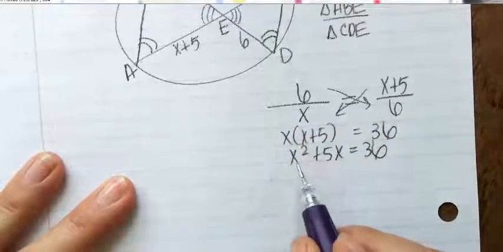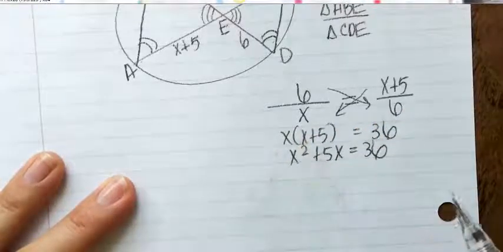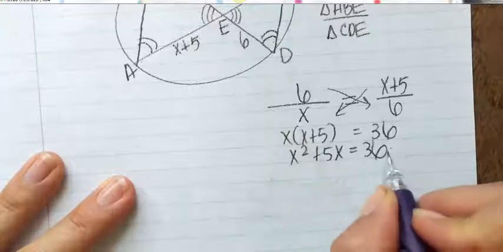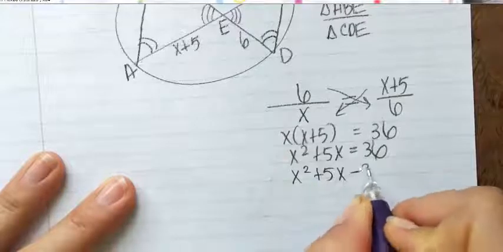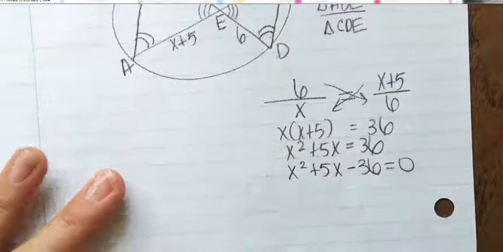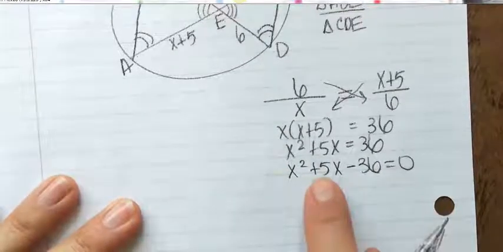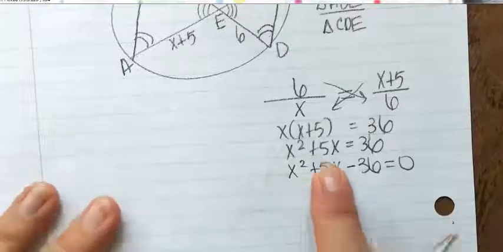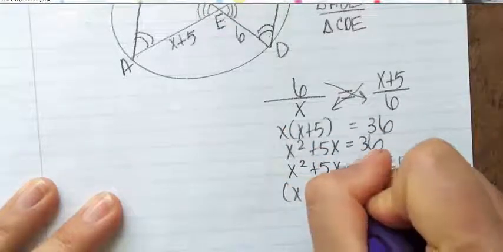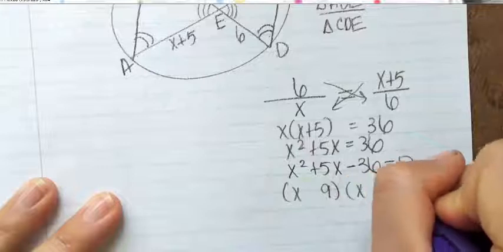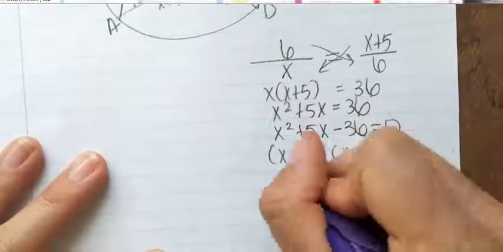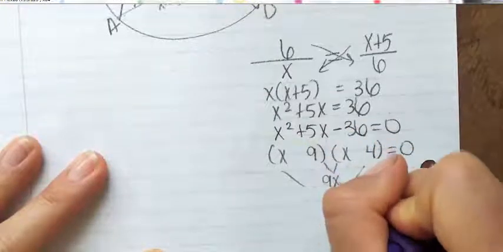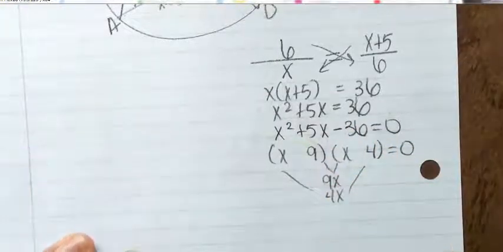It's a quadratic, so you want to get everything onto one side. I'm going to subtract 36 from both sides. I need factors of 36 that give me 5. Well, that's 9 and 4. So I have x and 9, x and 4. Remember, you want your inners and outers to add up to that 5x. If you don't see it right away, go ahead and do this.